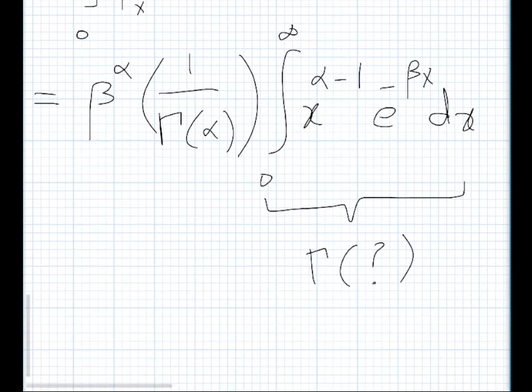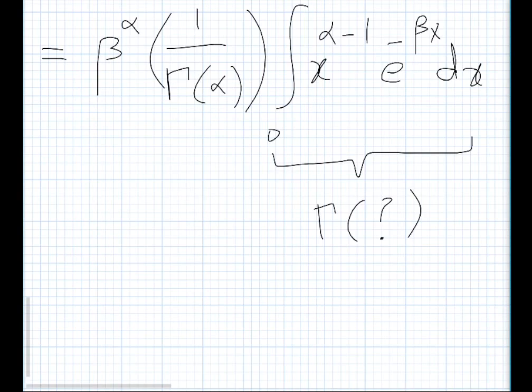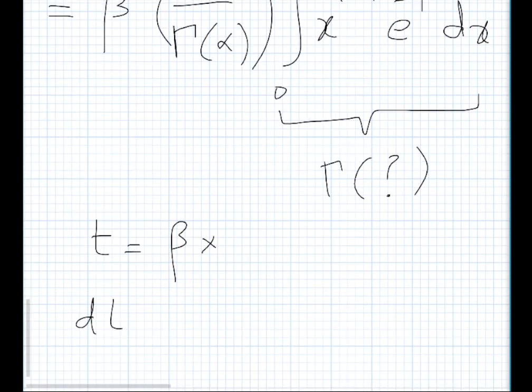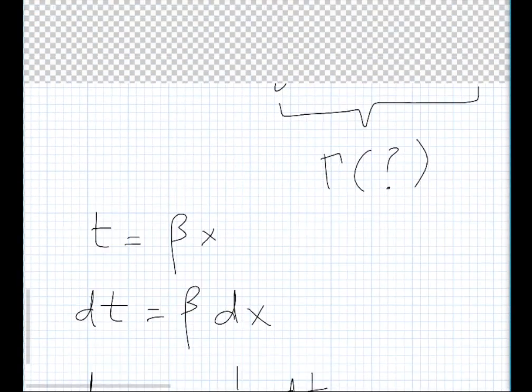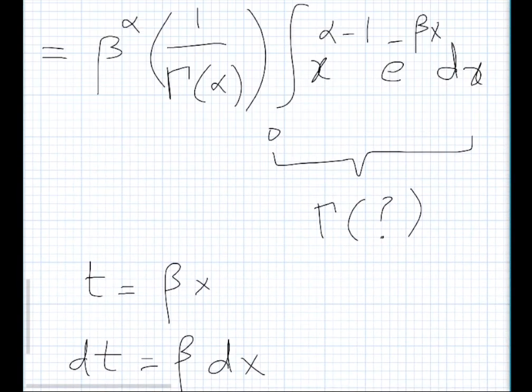Okay, so let's say t is equal to beta x. This means dt is equal to beta times dx, which means dx is equal to 1 over beta times dt. This also means that x is equal to t over beta.